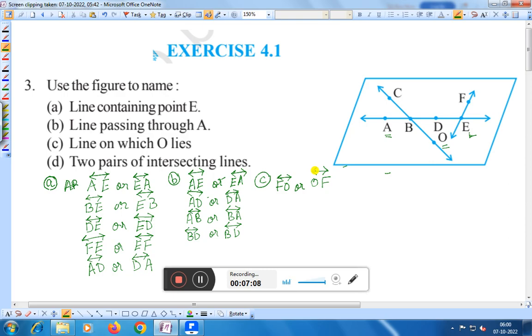Now D is two pairs of intersecting lines. What are intersecting lines? Intersecting lines means two lines intersect each other. This is intersecting lines, right?